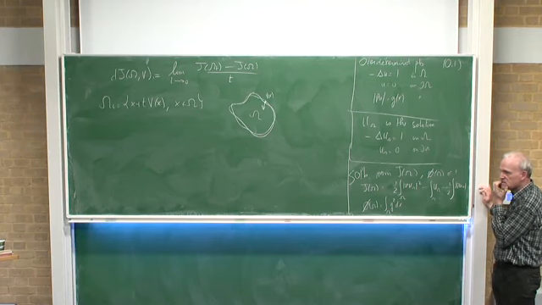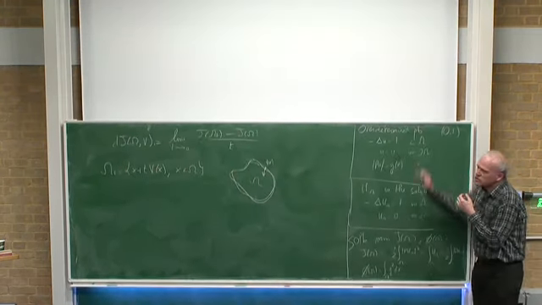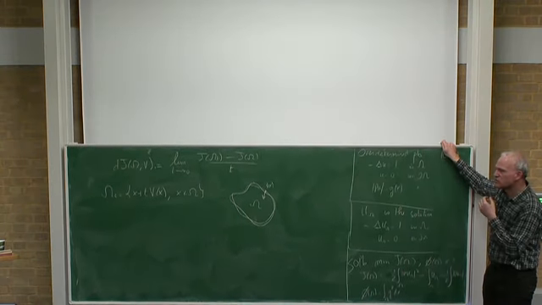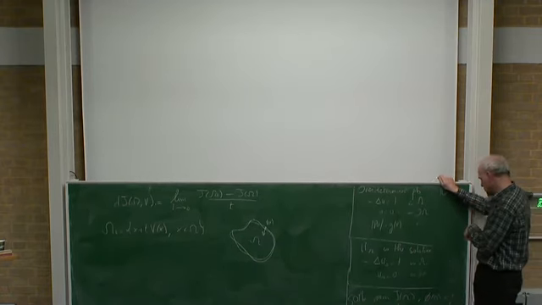I think there is a minus sign missing in your shape derivative of j. Possibly. No, because it's the same as the volume.